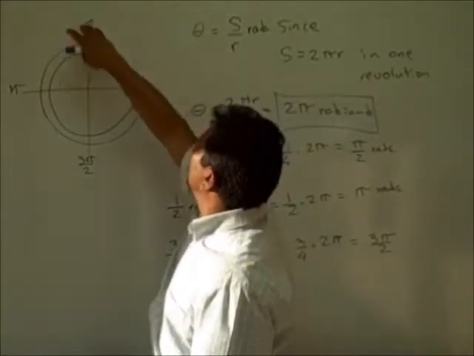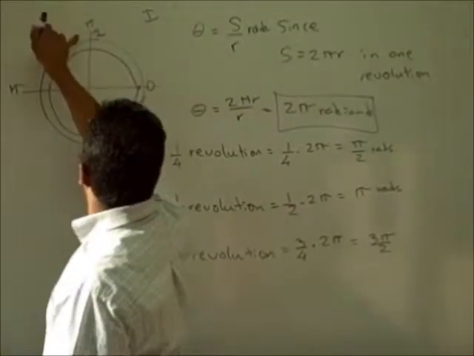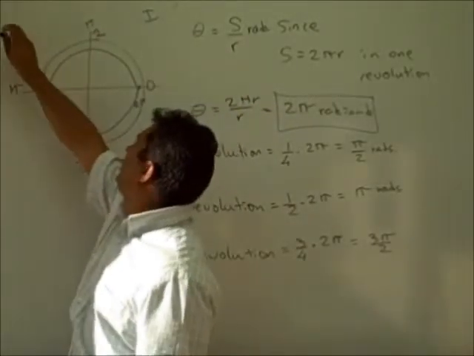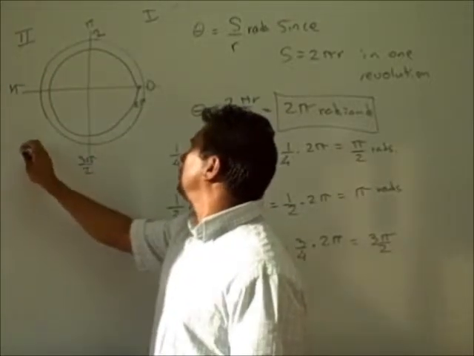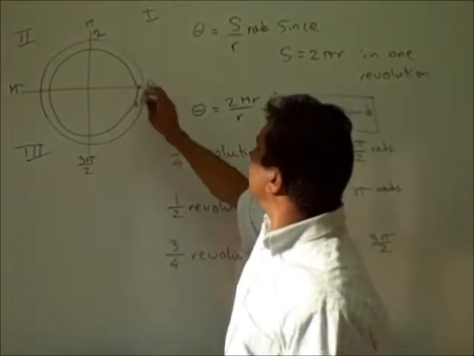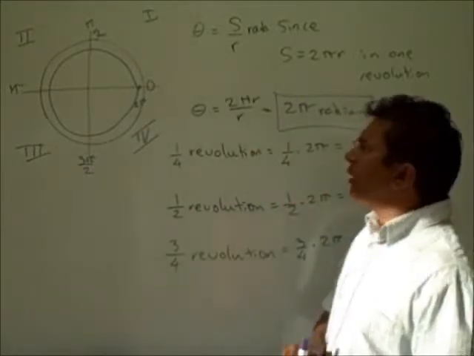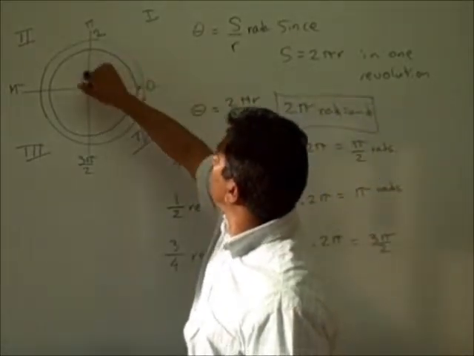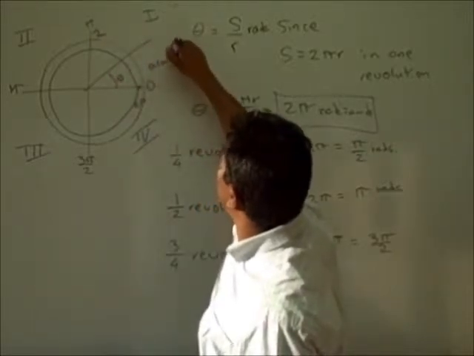Angles between 0 and pi over 2 are in quadrant 1, from pi over 2 to pi is quadrant 2, from pi to 3 pi over 2 is quadrant 3, and from 3 pi over 2 back to 0 would be in quadrant 4. An angle in our first quadrant, here theta, is known as an acute angle.